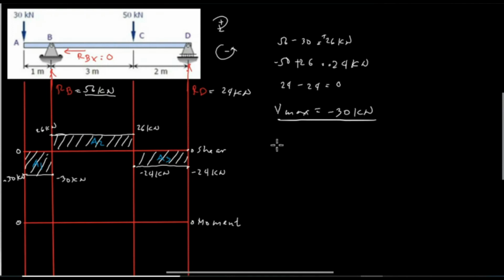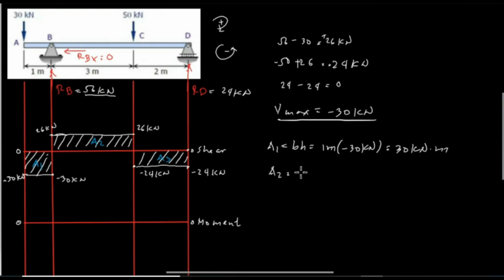Area 1 is a rectangle, so base times height: the base is the length of the beam from A to B, which is 1 meter, multiplied by the height of the shear force, which is 30 kilonewton, and it is negative. So negative 30 kilonewton meter is the moment.